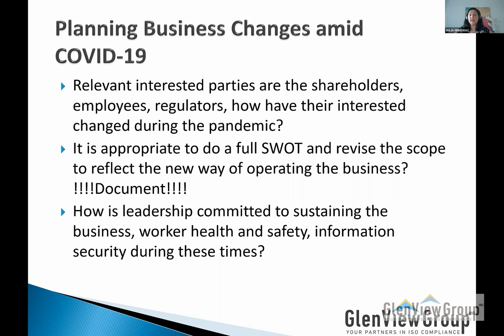So all of these, and especially if we are now going to work remotely, what are the issues related to information security? So again, as we're going through these changes, at least you can have a bullet point list somewhere, writing down what you are working on changing. Any questions at this time?